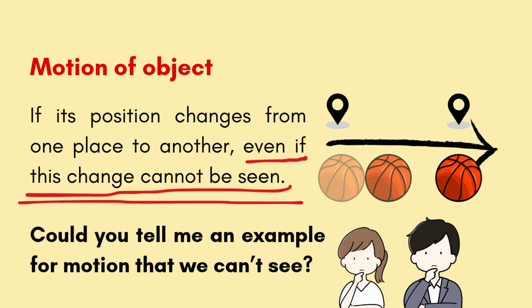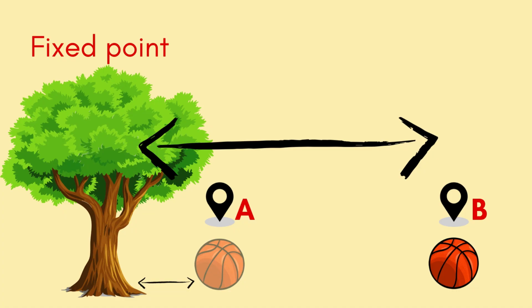So to prove that an object is moving, we can compare its position with a fixed point, something that doesn't change, as here, this tree. This tree is a fixed point because it can't change its position.